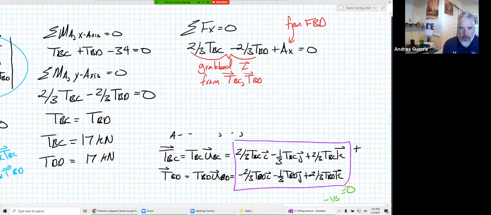Actually, in this case, we're going to find that Ax is equal to 0. So we drew Ax on there. It's possible for it to occur, but because of that symmetry, Ax ends up being equal to 0.